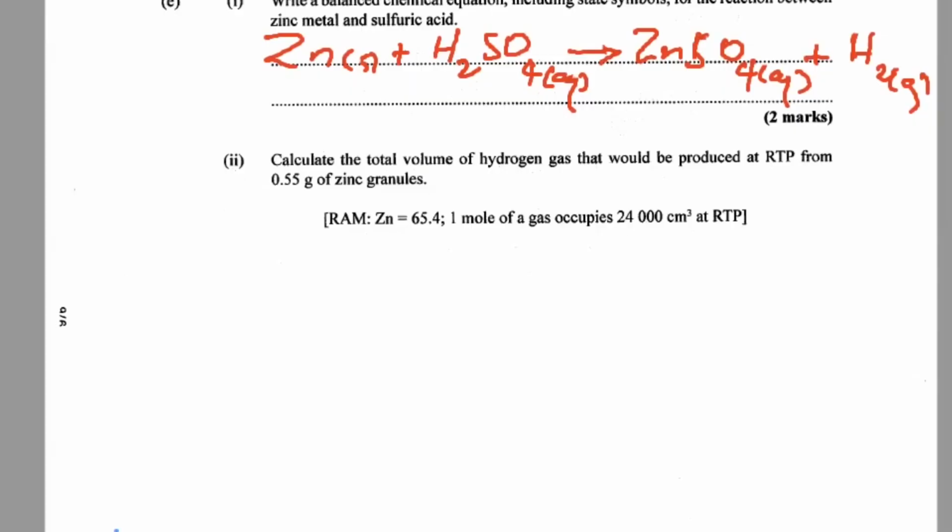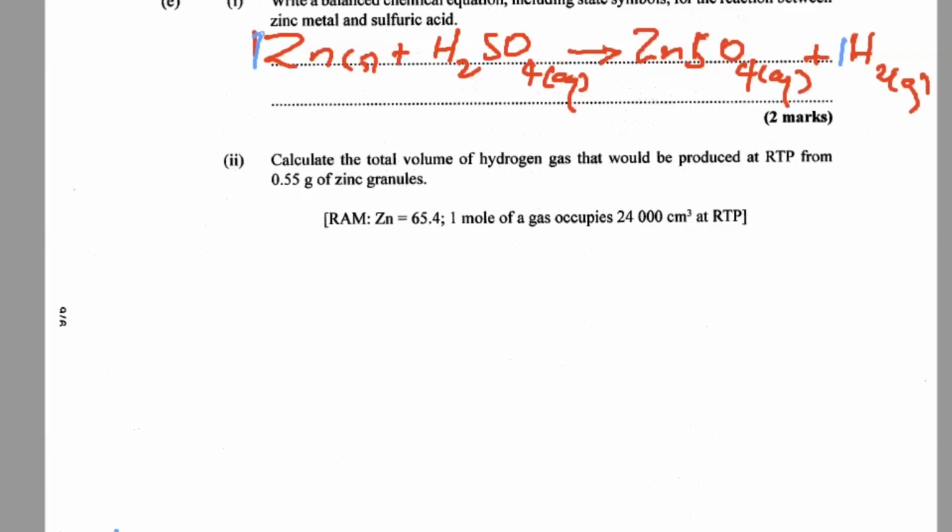Part 2, calculate the total volume of hydrogen gas that would be produced at RTP from 0.55 grams of zinc granules. Okay, so this calculation is going to be governed by our balanced chemical equation. From this equation, we're seeing where 1 mole of zinc reacts to give us 1 mole of hydrogen gas.